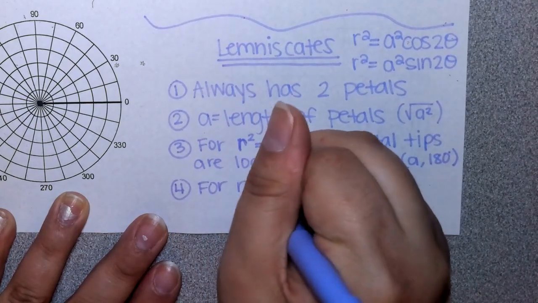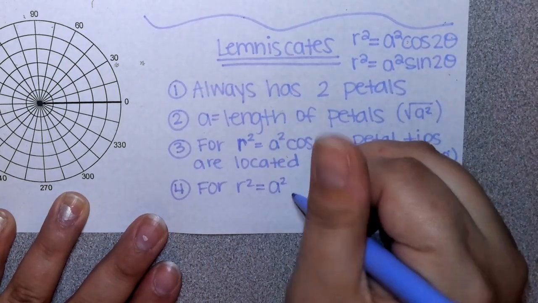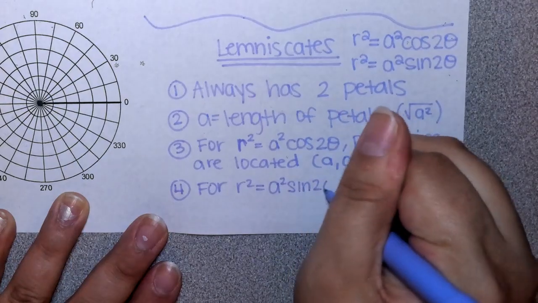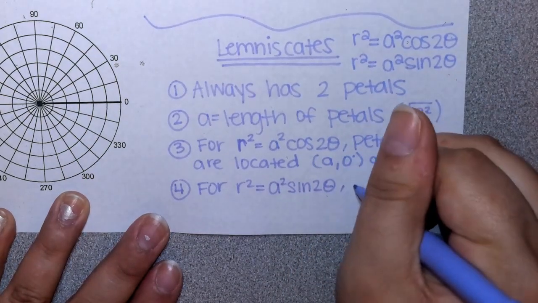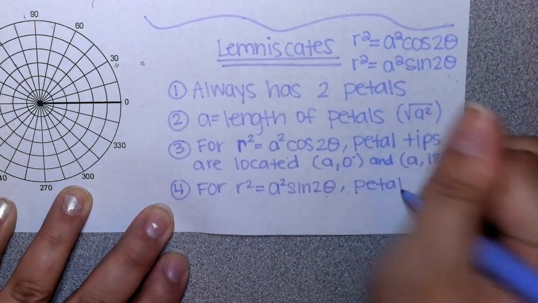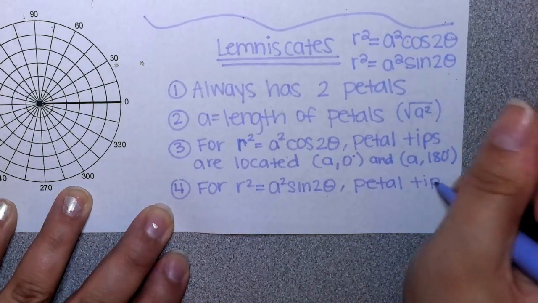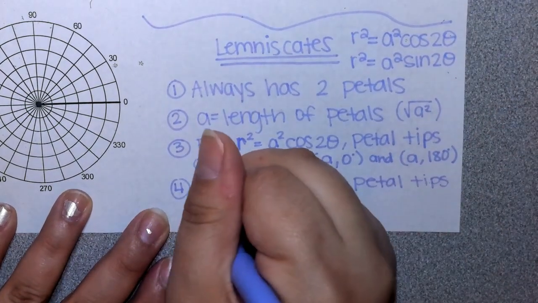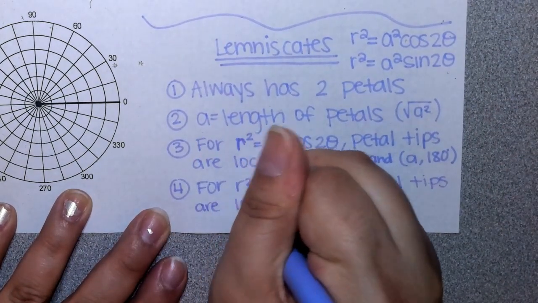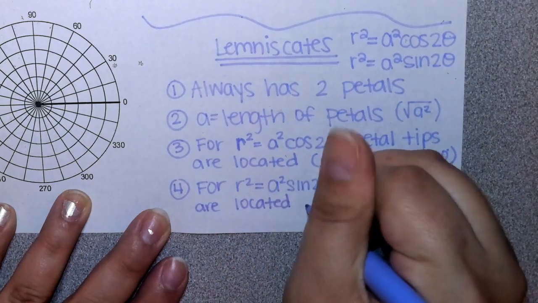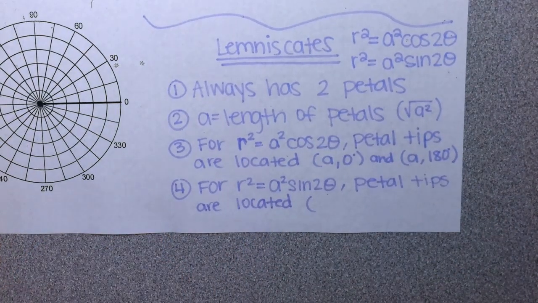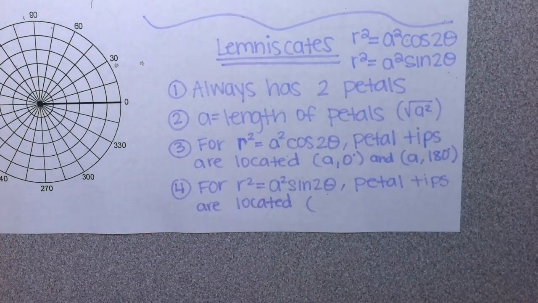For r squared equals a squared sine of 2 theta, where were the petal tips located? Are they always going to be 45 and 225? Again, this is why we like lemniscates.